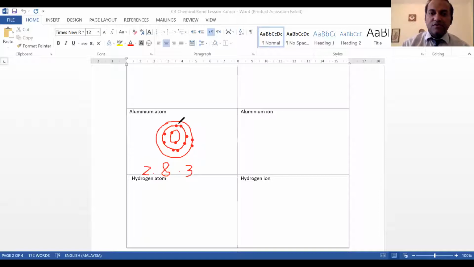The outer shell has 3. Now, when it becomes an ion, it will donate the 3 electrons that are in the outer shell. So what is going to remain is only the first 2 shells. The first shell has 2, am I right? So the other 3 electrons are donated. We draw the 2 inside here, and the 8 here.